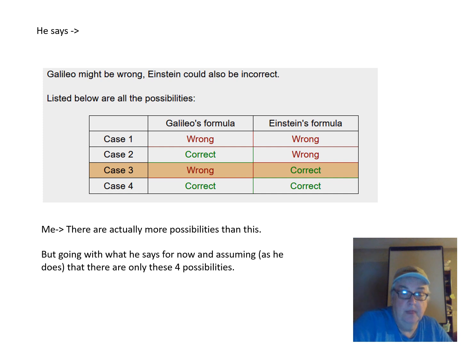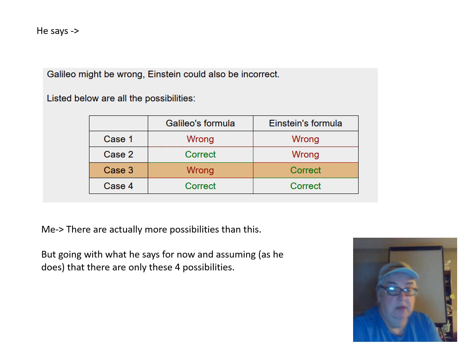table where he lists all the possibilities. Case 1, Galileo's formula would be wrong and Einstein's formula would be wrong. Case 2 would be Galileo's formula is correct and Einstein's formula is wrong.